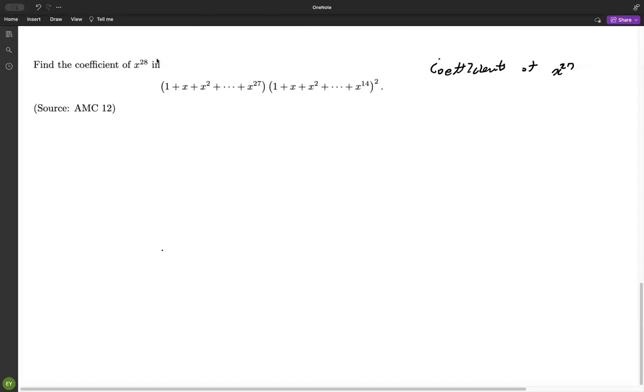So the problem wants us to find the coefficient of x to the power of 28 from here. One approach that we might try is, so we have 1 plus x plus this one.